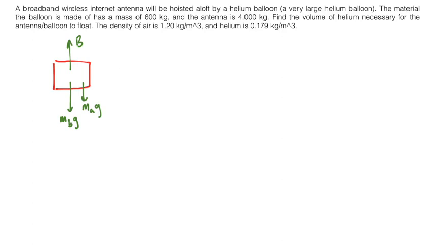But is that it? Is that the only thing the gravity pulls down on? Is there another object? Helium? The helium inside the balloon. Will the helium inside the balloon have weight? It has mass.